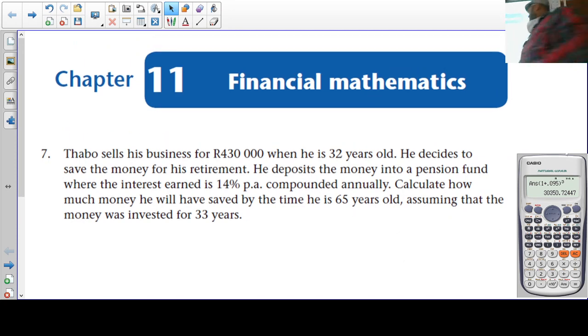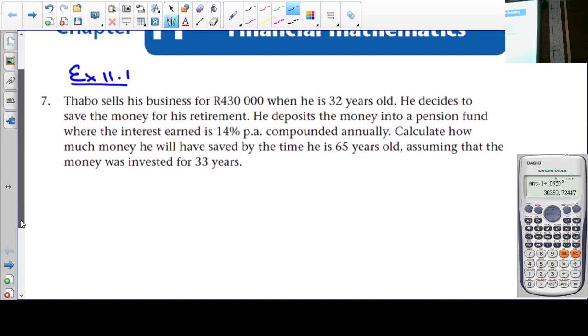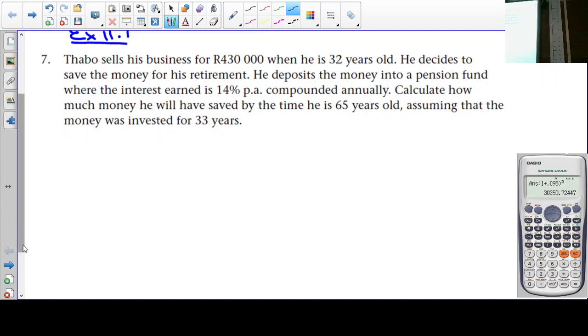Okay, here we go. This is exercise 11.1. The only problem you had was number 7. We are told that Taupo sells his business for 430,000 Rand when he is 32 years old. He decides to save his money for his retirement.